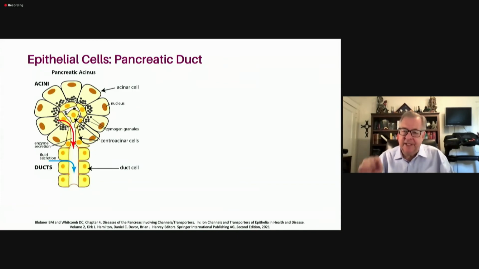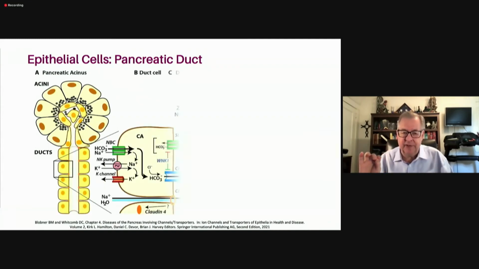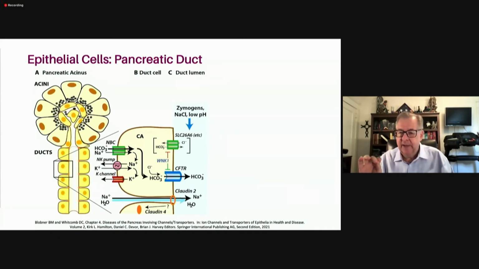We understand in the pancreas, it is in the duct cell. The duct cell is a machine that actually transports different types of molecules from the basolateral side into the lumen, and specifically bicarbonate followed by sodium and water.